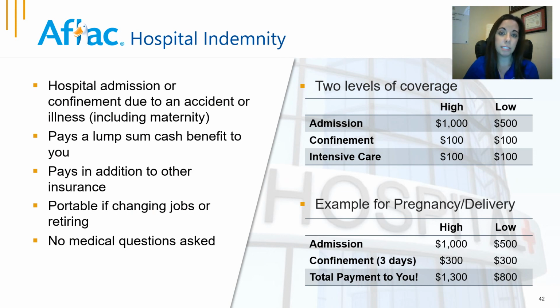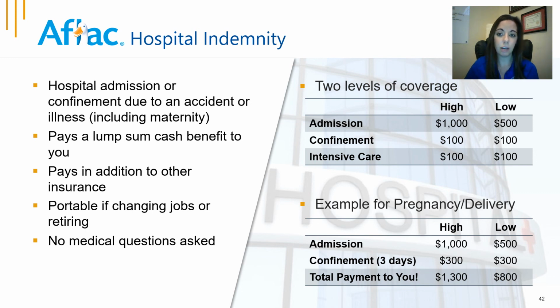Aflac Hospital Indemnity is also available. This includes hospital admission or confinement due to an accident or illness, including maternity. It pays a lump sum cash benefit to you and pays in addition to other insurance. This is also portable if you are changing jobs or retiring, and this benefit is available with no medical questions asked. It is available in 2 levels of coverage. We have a low plan and a high plan.